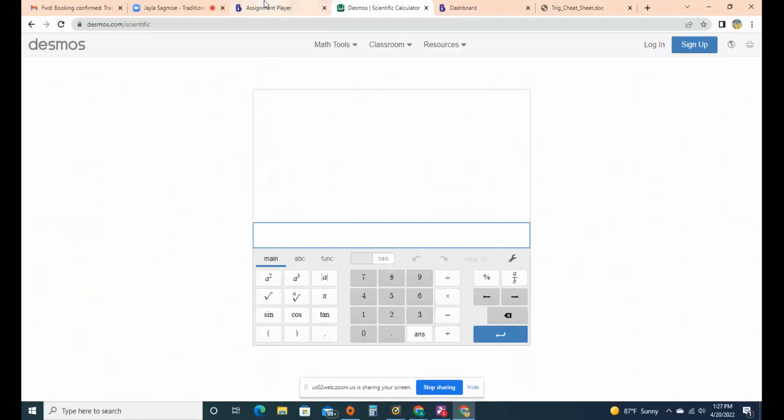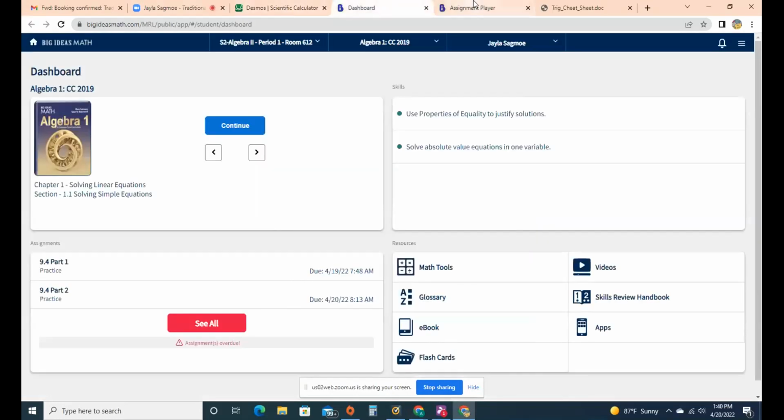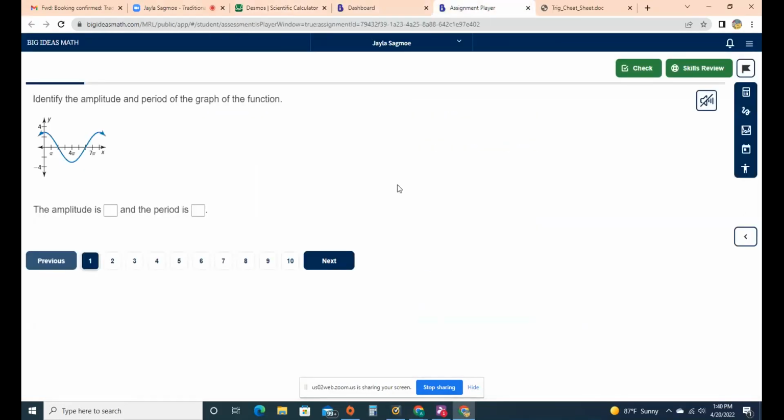Okay, yeah, this one, this is some new stuff here. This is graphing. I'm going to share my screen.